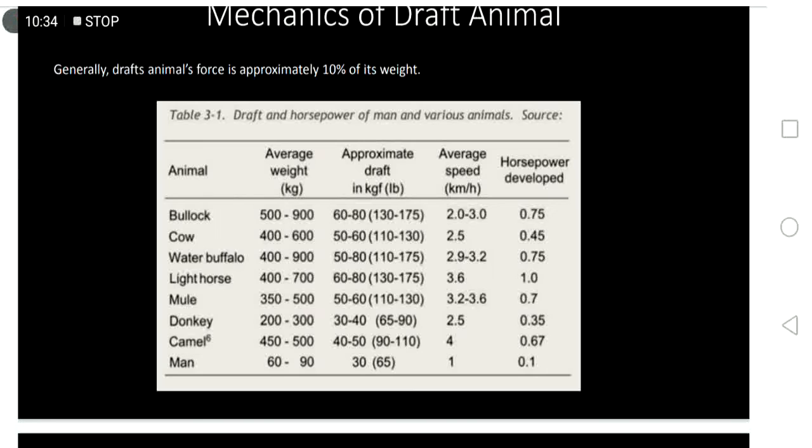So like what we have said, the horsepower or the power is the combination of the draft or force with its speed. Okay, and you can see there that the man ranges from 60 to 90 kilograms and is only capable of an approximate draft of 30 kilogram force, with an average speed of about 1 kilometer per hour.